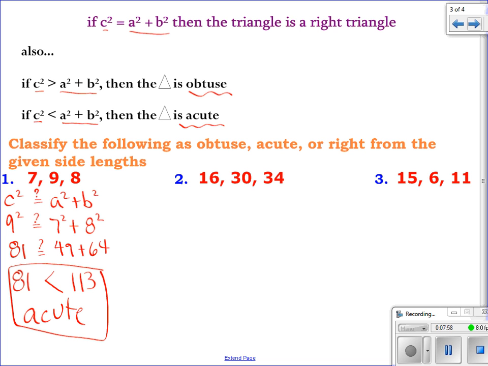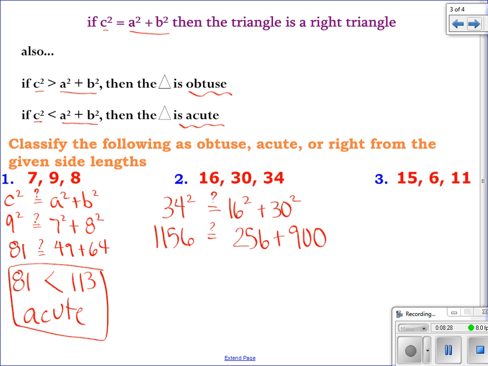Okay, so let's try here. What would be on the left for c squared? Yes, make sure you pick the biggest one. 16 squared and 30 squared. Somebody help me out. What's this one? 256 and 900.